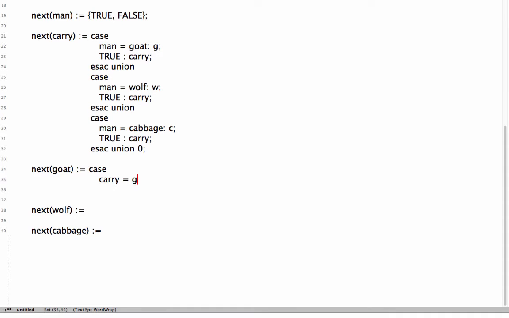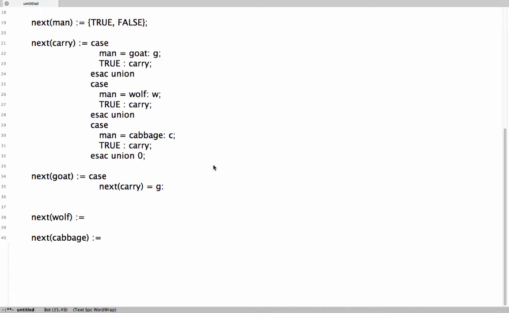If the goat has been carried, it should not just be carry. If next of carry is G, then we might think that if the value of carry is G, then the goat moves to the right bank, so we have to make it not of goat.